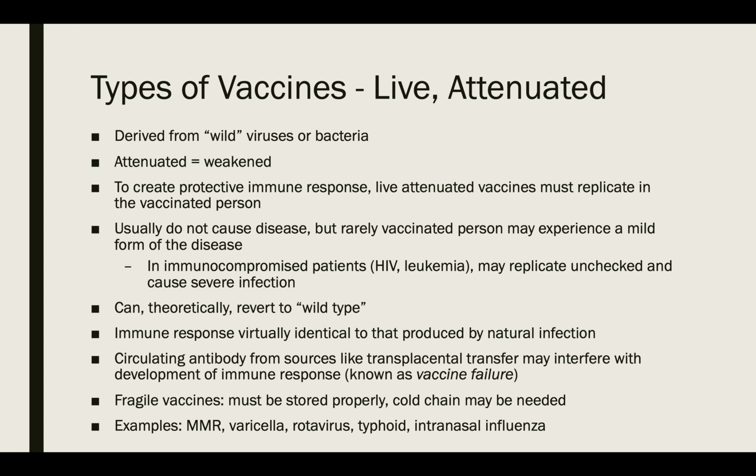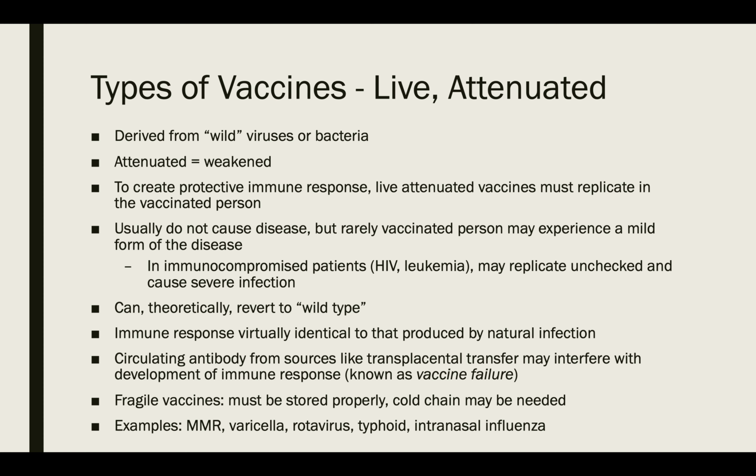But there are other ways. They can irradiate it. They can genetically modify it to be weak. In any case, it's weakened, and that means it does not cause the disease anymore. It's going to replicate in your body, but it's not going to cause the disease, so it's not going to cause all the problems.